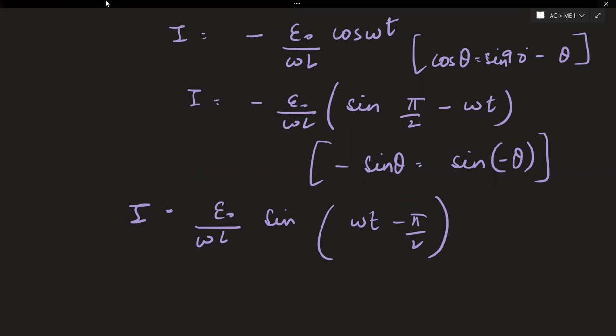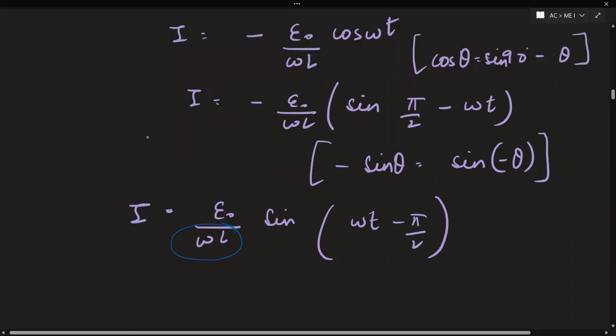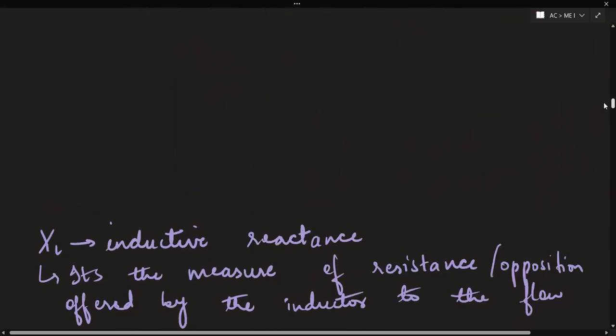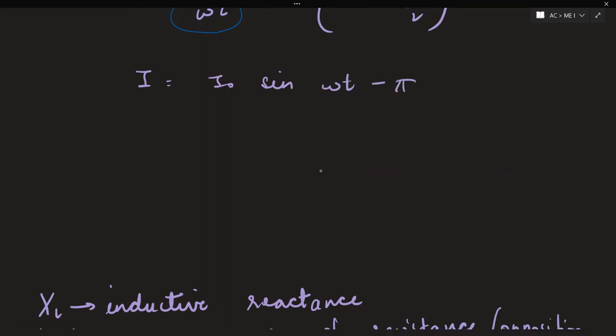Now class, one more important thing: this is omega L. You have a quantity known as omega L. So focus on this omega L now. I is equal to I naught sine omega t minus pi by 2.